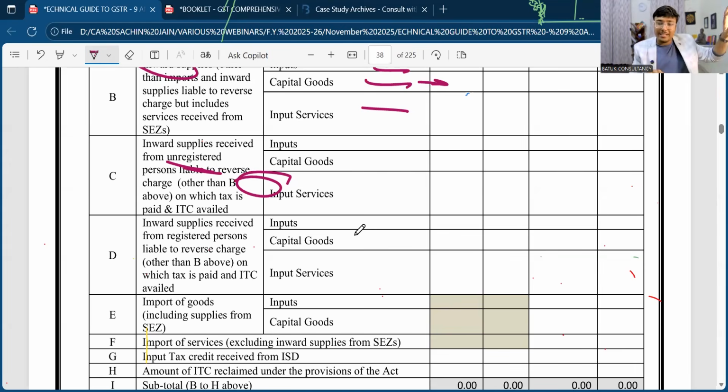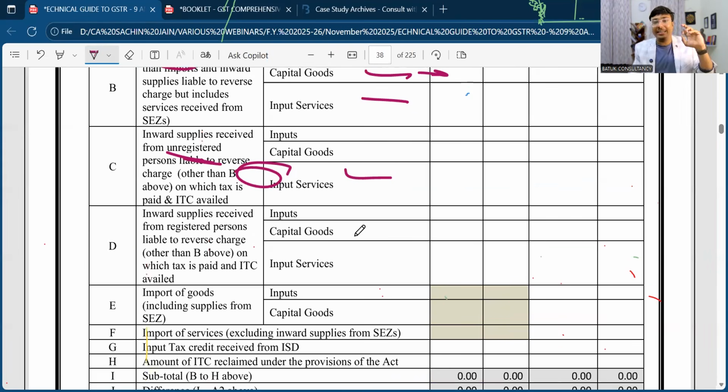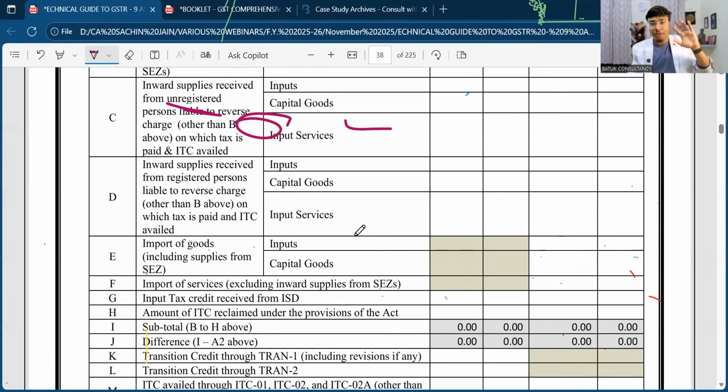There may be supplies from registered or unregistered persons, so I have to provide the bifurcation. That reverse charge liability may be on account of input service or capital goods. That bifurcation is required.